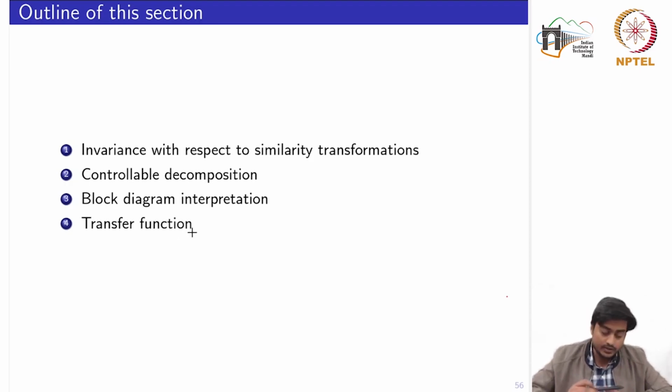Because if you recall from the first week, given two different representations of the same system, we have proved that the transfer function would remain the same, right? Now the question arises, if I have obtained a controllable decomposed form, whether the transfer functions of those two different representations are equal or not. This we are going to answer in the fourth one.